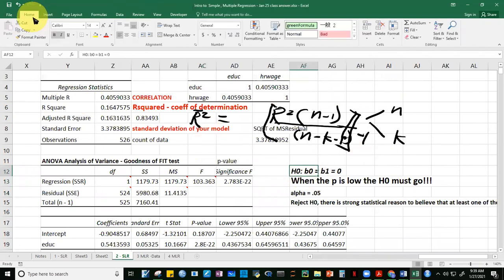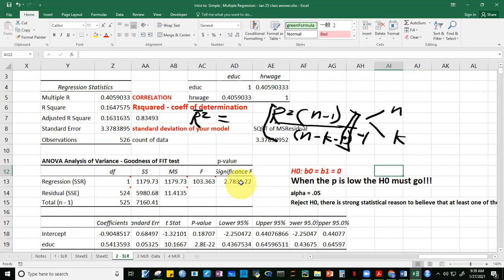So our null hypothesis is that yung mga parameters na ini-estimate natin in order to explain our outcome variable, which is B0 and B1, are they all equal to 0?